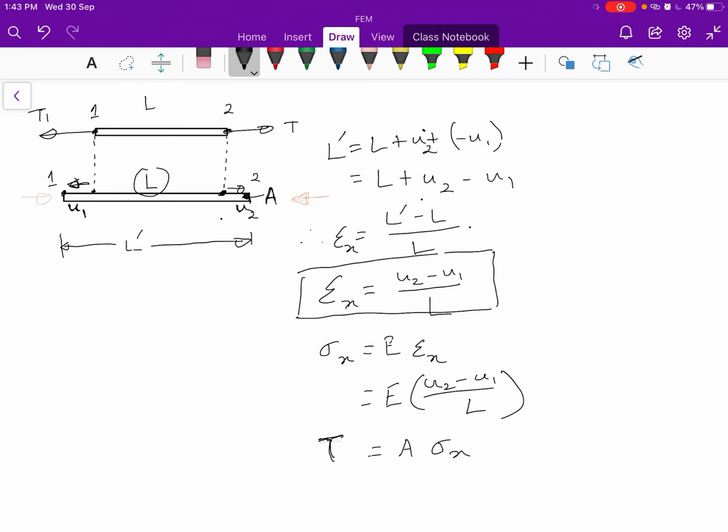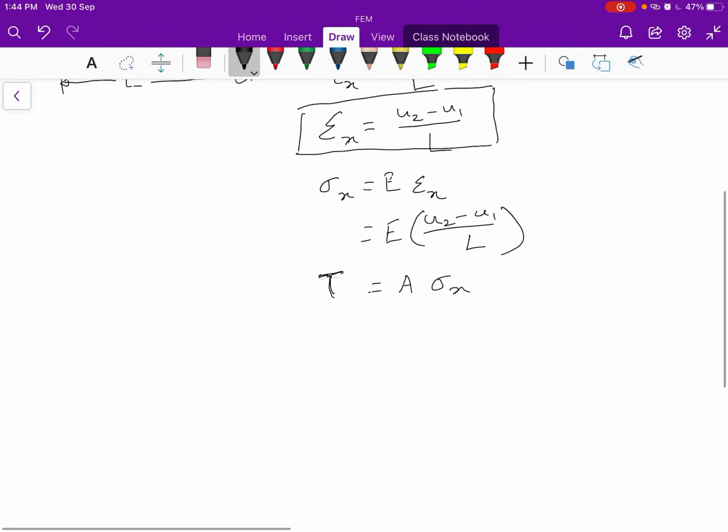So we want to find out the force that is acting along the x direction, or we just want to relate the force acting in the x direction with the area of cross section of the bar on which this force is acting. Then we need to multiply the area of cross section by the stress that is acting along this direction to get the force T which is acting along horizontal direction here.